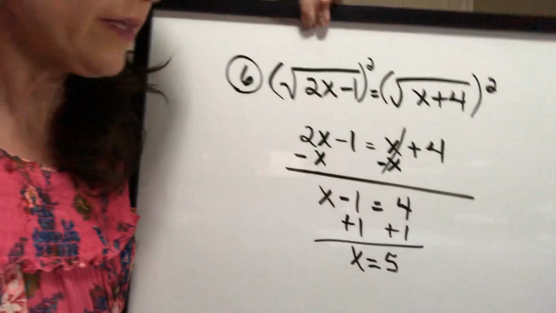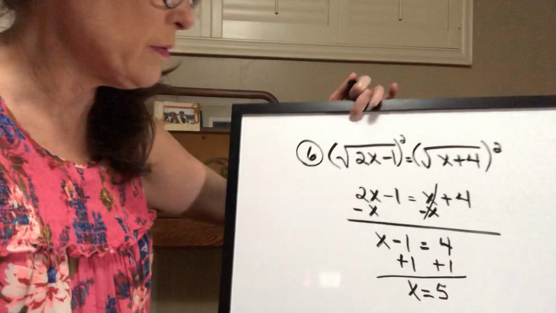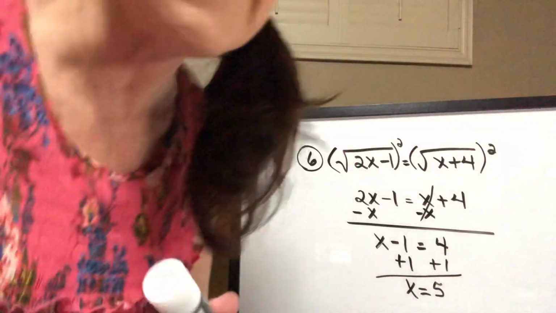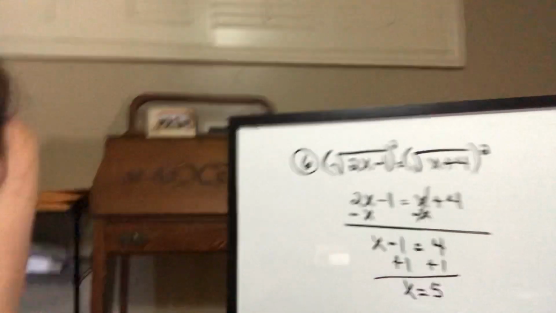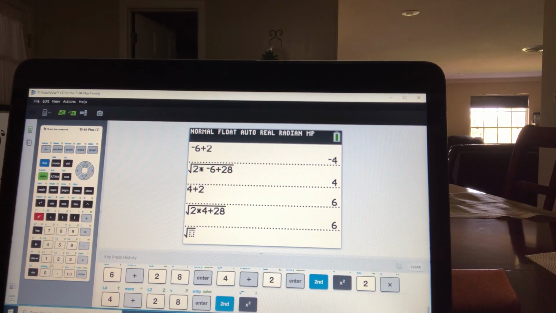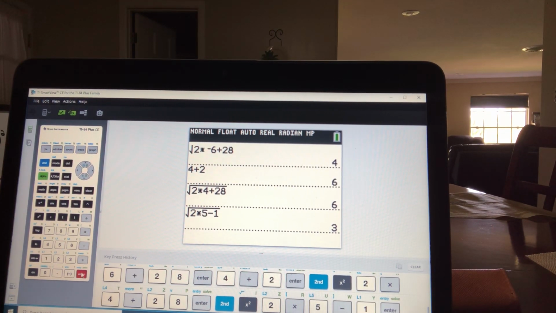Okay, you still have to check these. They may or may not work when you plug them back in. So let's go to the calculator and see if 5 is okay. Okay, so we got the square root of 2x, so that would be 2 times 5 minus 1. And we find that to be 3.